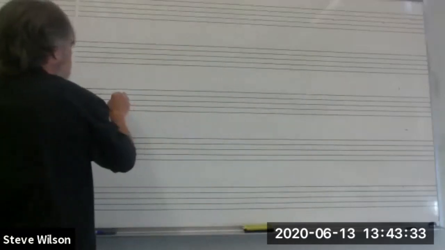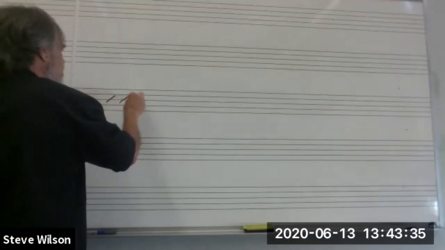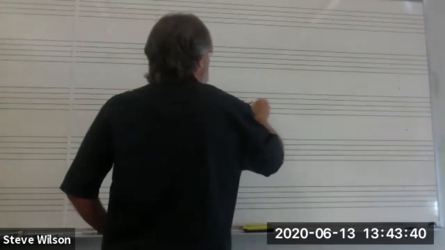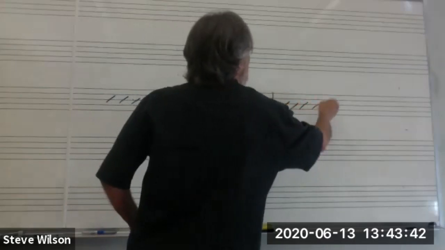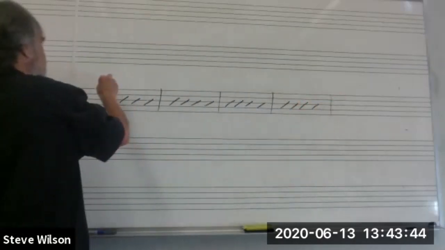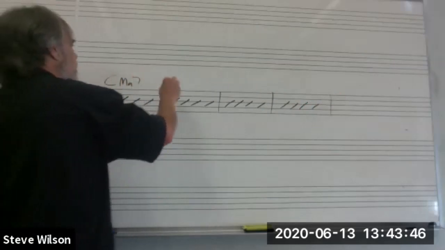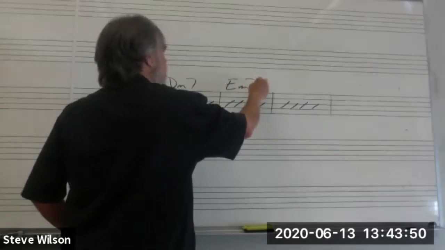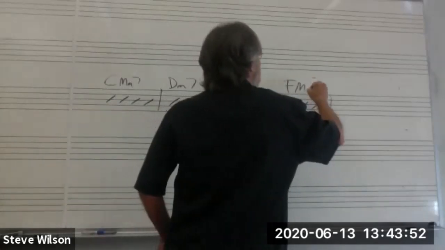Okay, so let's take a look at a couple of chord progressions. If I saw a chord progression that said C major 7, D minor 7, E minor 7, F major 7.